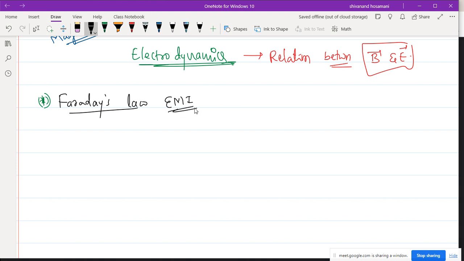How to define this induced EMF in the circuit? The induced EMF E is equal to the rate of change of flux. Induced EMF is directly proportional to the rate of change of the flux, and it opposes according to Lenz's law, isn't it? There are two laws.